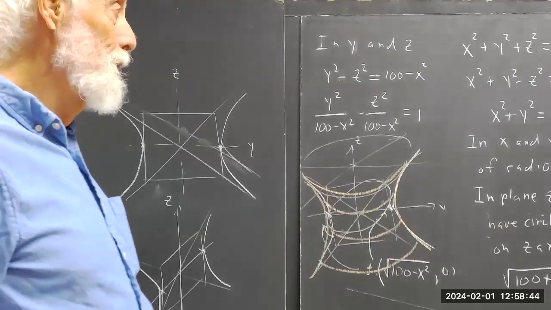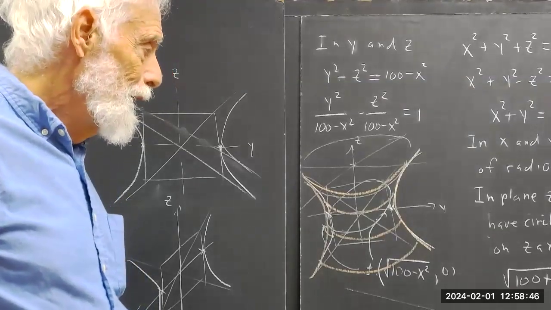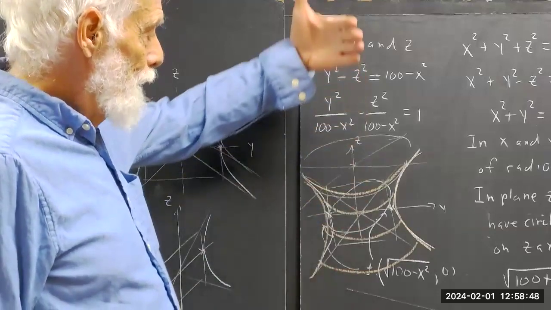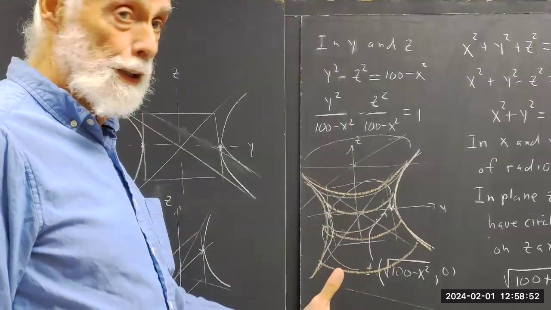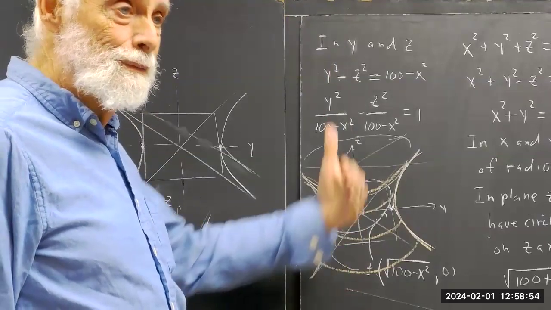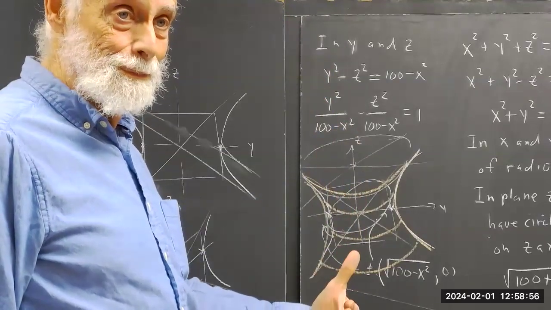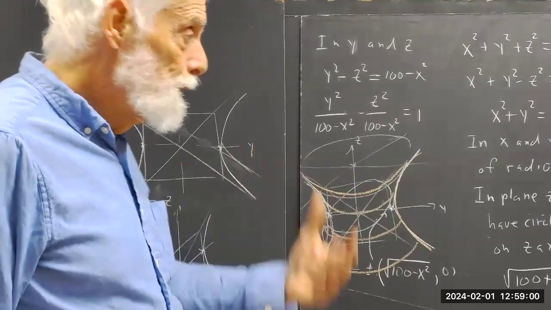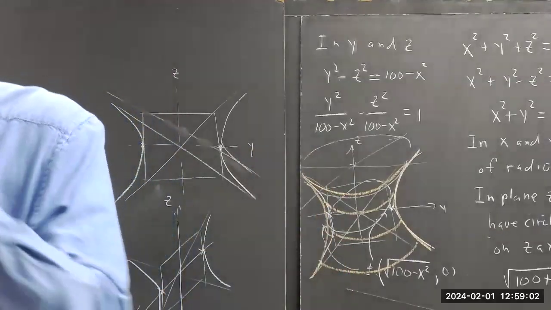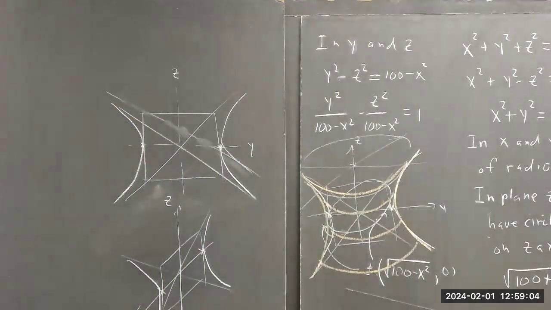Okay, well, again. Any vertical plane through the z-axis is going to cut this thing identically. And it's pretty easy to write that out. But we need to move on to make sure we understand cylindrical and spherical coordinates.